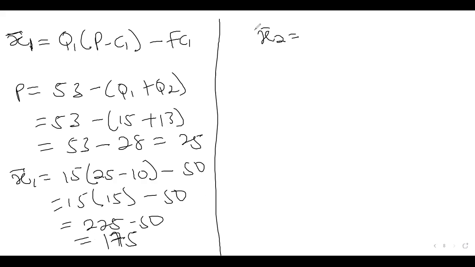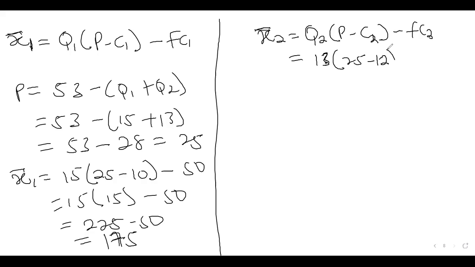The profit for firm 2 would be calculated as Q2 into bracket the price minus marginal cost or average variable cost 2, minus fixed cost 2. So this is going to give us 13 into bracket the price 25 minus marginal cost 2, which was 12, minus fixed cost, which is 80.